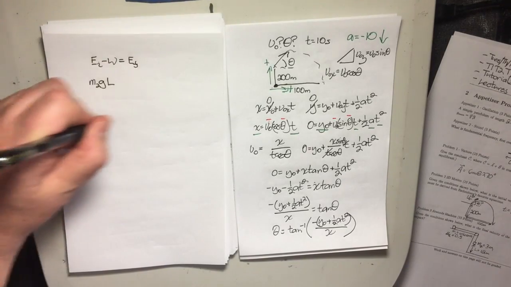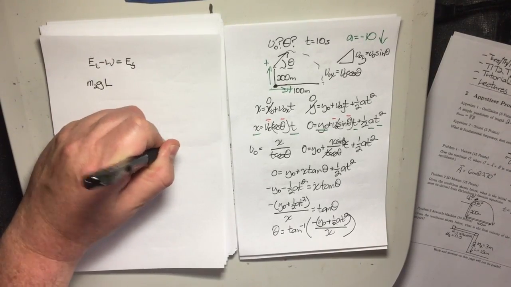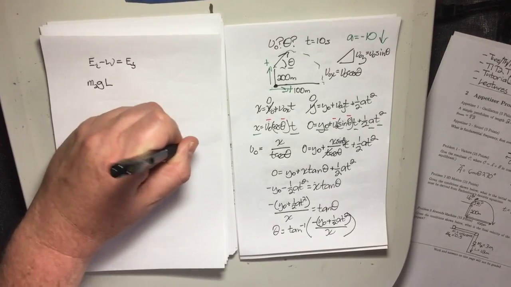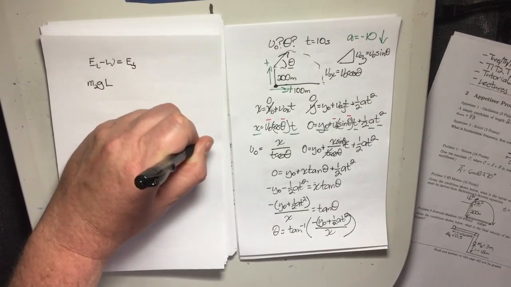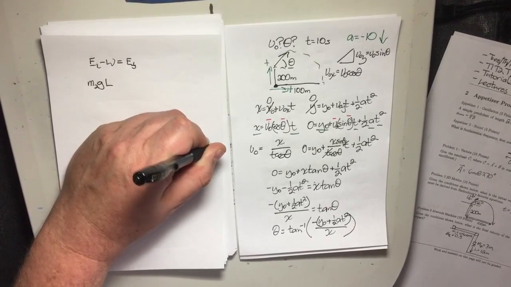Now, work removed through friction, you know how much I love going through this. Sum of the forces in Y is equal to 0, which is normal force minus M1G.